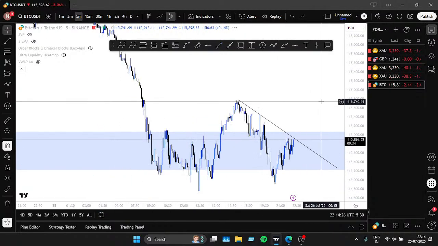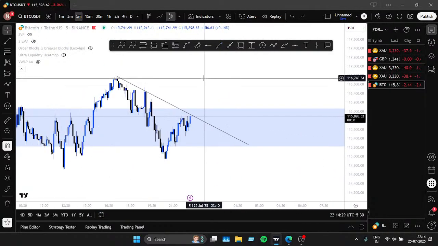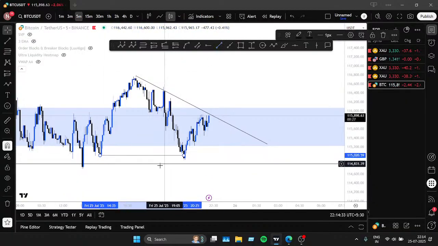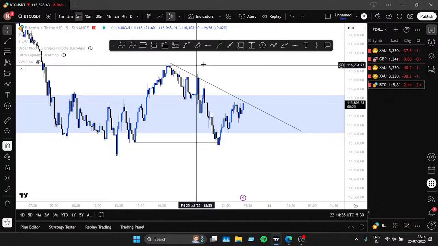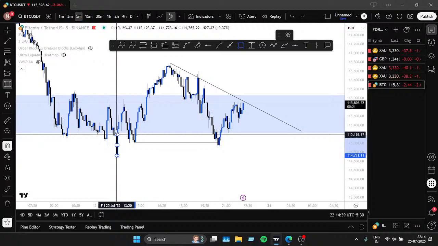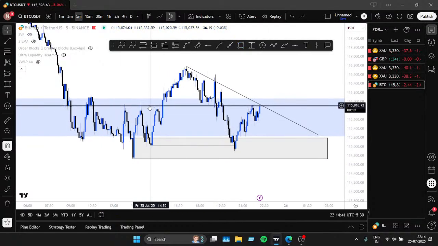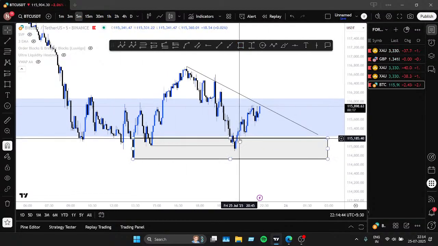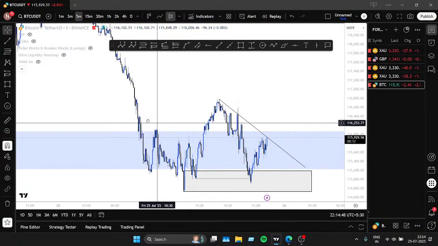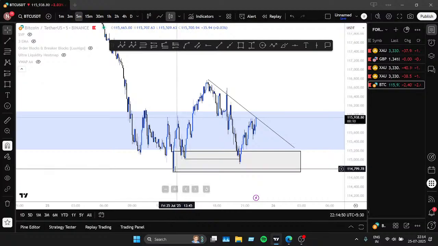But there is a trend line right here, and I can see a minor liquidity sweep. Okay, and let this be our demand zone, right? So price came into a demand zone, gave us a liquidity sweep, and gave us an upside momentum, right? And why is this a demand zone?